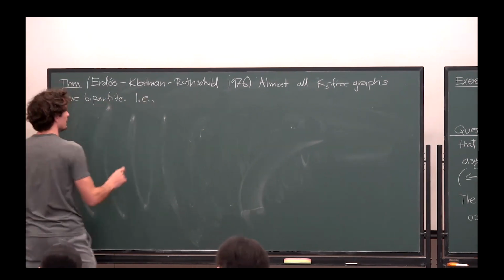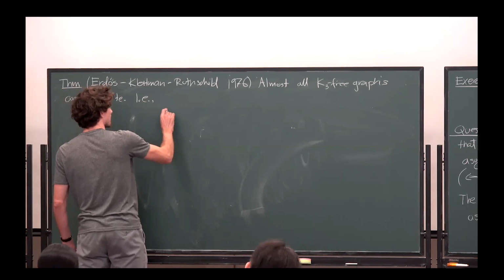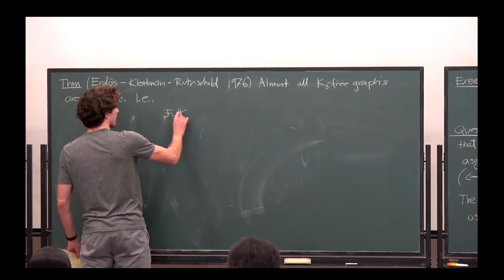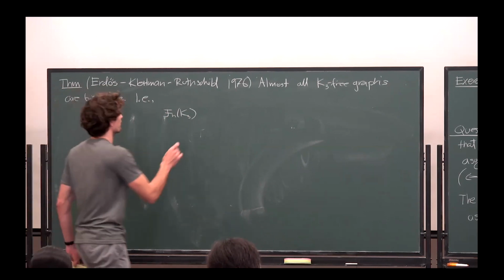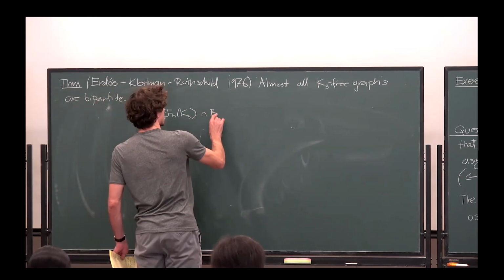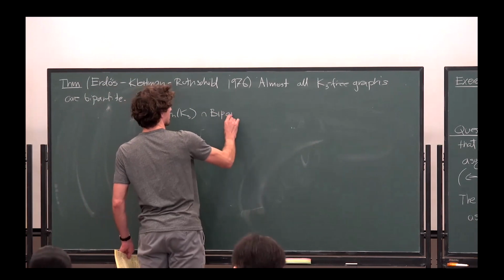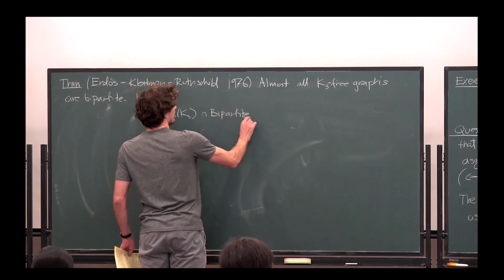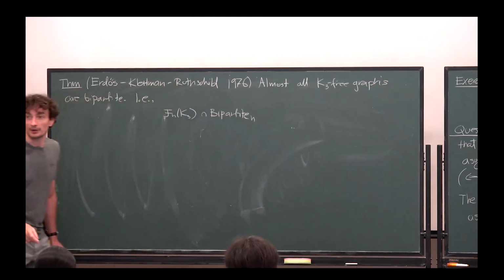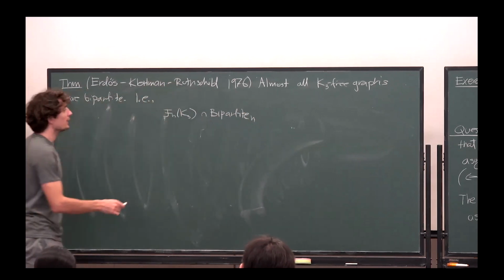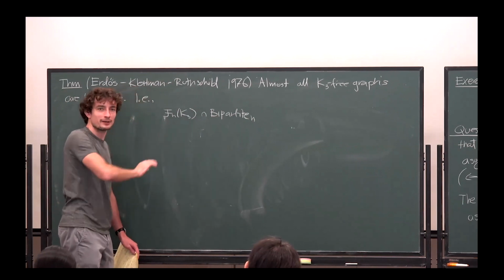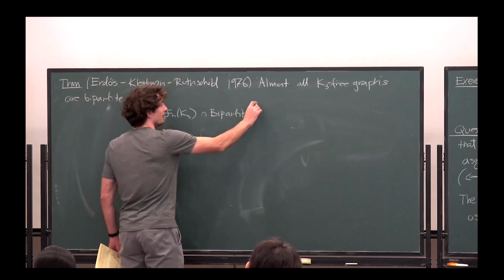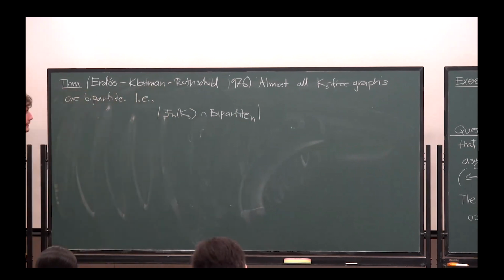That is, if we look at the family of all triangle-free graphs, and intersect it with the family of bipartite graphs. In fact, every bipartite graph is triangle-free, but I want to write it in this way deliberately, so it's even clearer.